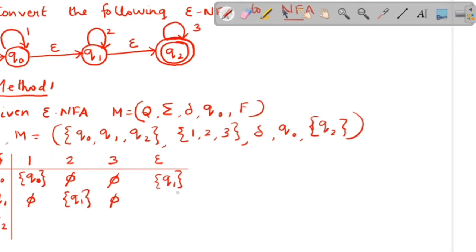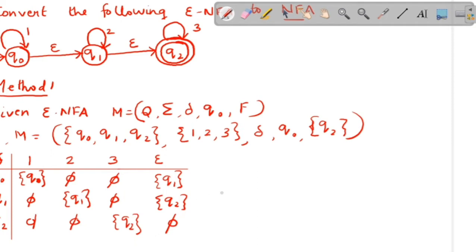Then Q1 on epsilon goes to Q2. Then for Q2, delta of Q2, 1 is null set, Q2, 2 is null set, Q2, 3 is Q2 itself, and delta of Q2, epsilon is null set. So this is the transition table of the given epsilon NFA.